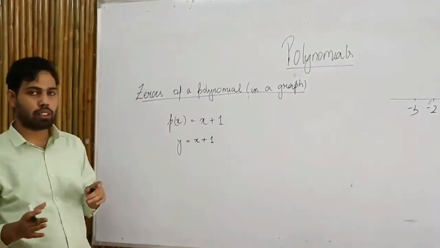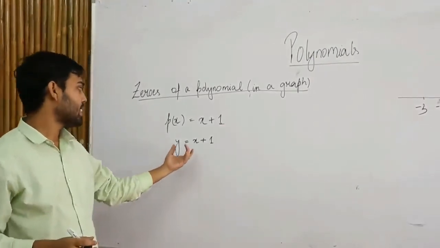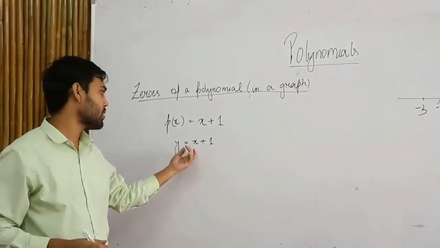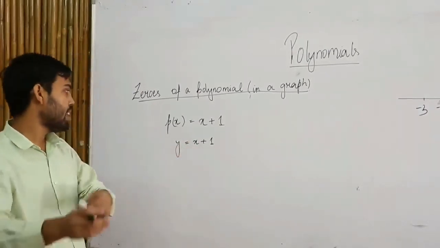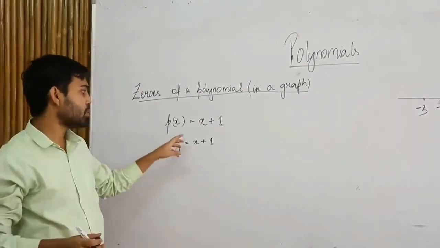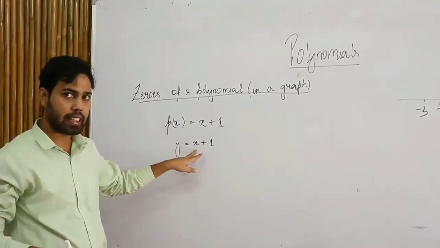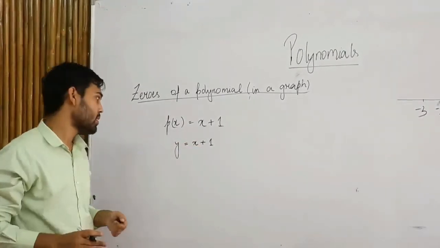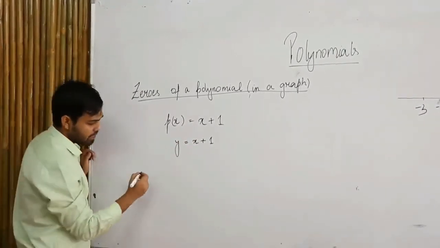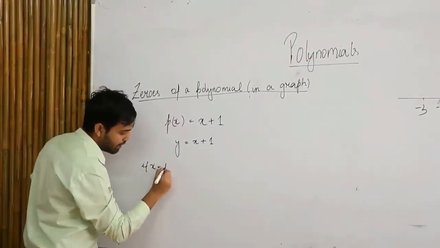Now, whenever we draw a graph, the first step we should do is tabulate the different values that I will get when I replace x with different values. What I mean is that when I put different values of x, correspondingly I will get different values of y. So first I need to tabulate this. Suppose I take x equal to 1.